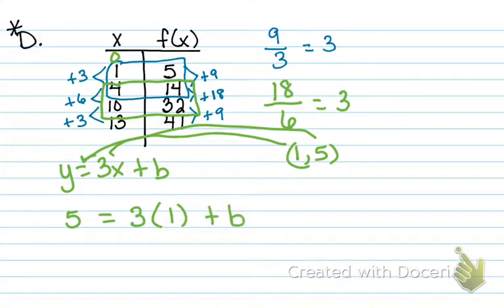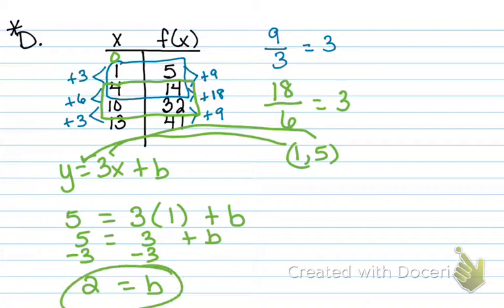I'm trying to find b. So 5 equals 3 times 1, which is 3, plus b, and I'm just solving for b. So minus 3, I get 2 is equal to b. So now I know what b is. So now I can put it into my formula. y equals m, we found out already is 3, x, and now we know that b is 2, so plus 2, and this would be our rule.